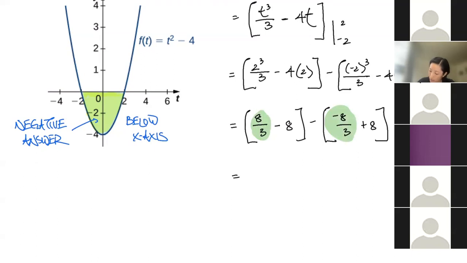All right, so I'm going to collect those together, and then separately, I'm going to collect the terms that have just a whole number. So I get 8/3 plus 8/3. Why is that a plus? Two negatives make a positive, beautiful. And then I'm going to get -8 and then -8. Why is it a -8 at the end?